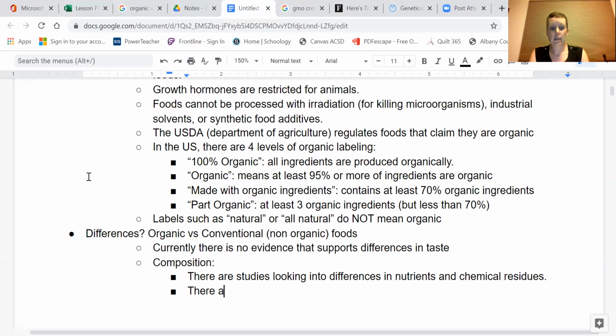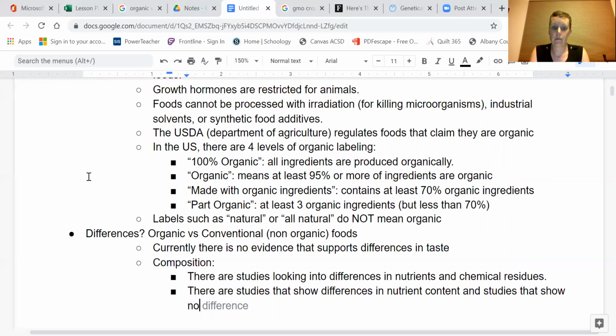There are studies that show differences in nutrient content, and studies that show no difference. So of course, depending on who's funding a study, results can sometimes be skewed one way versus another.